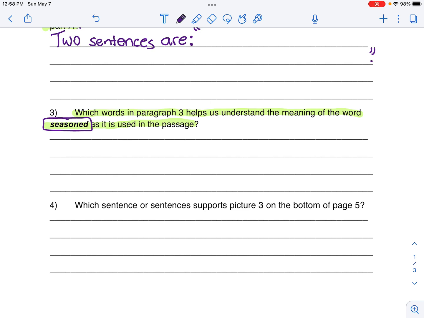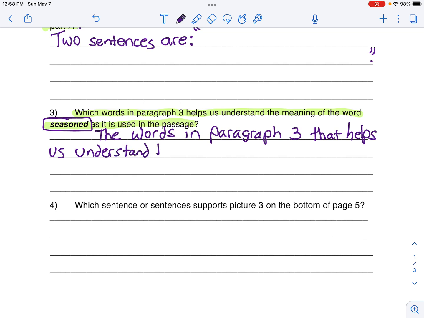Okay, so how would we restate this question? The words in paragraph 3 that help us understand the meaning of the word seasoned is or are, because words has an S, so they're talking about more than one.